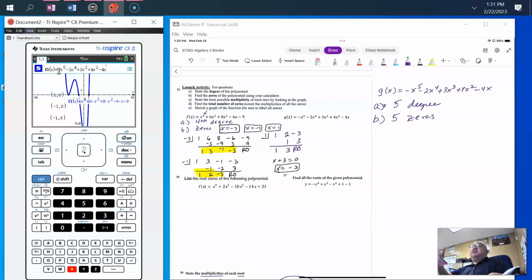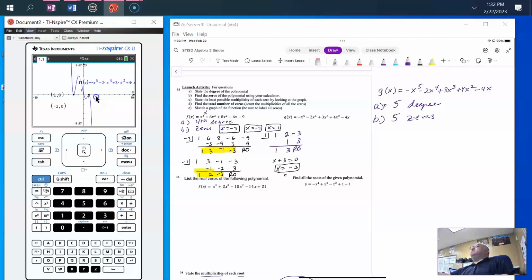And it's always good to go back and check if you typed it in correctly. The constant is 0. You don't have to indicate it.